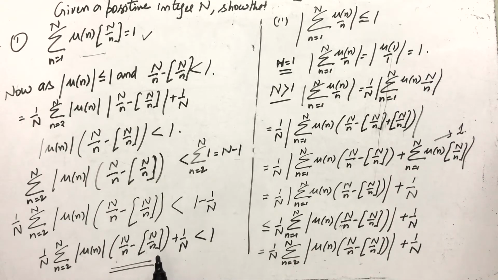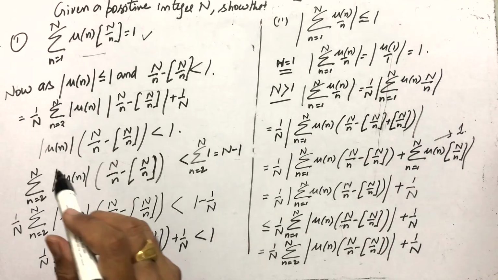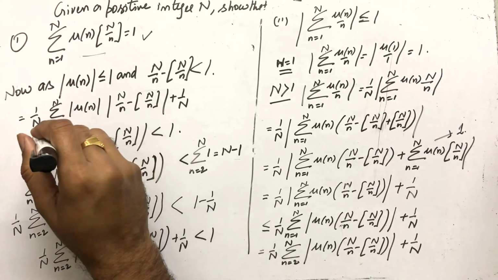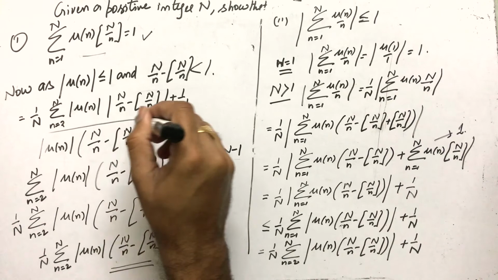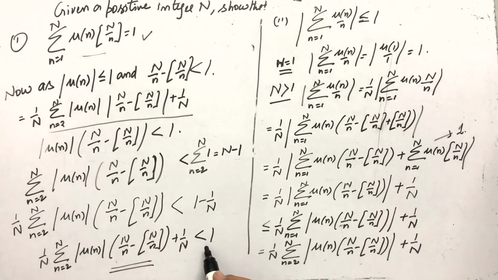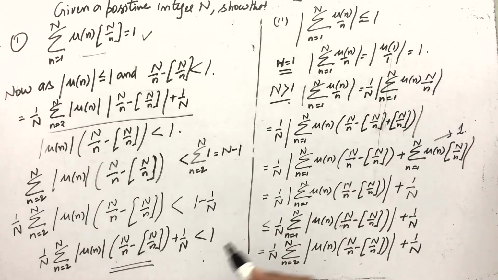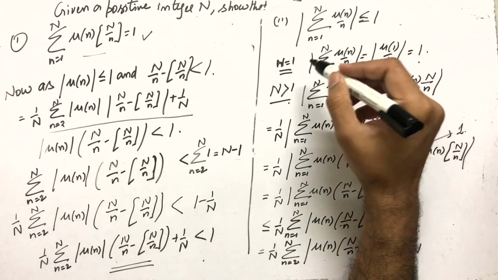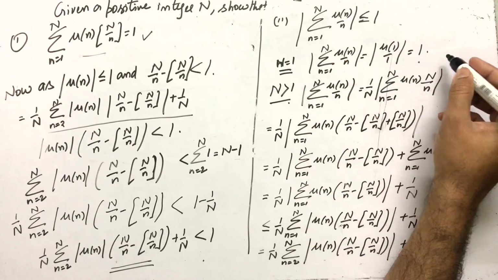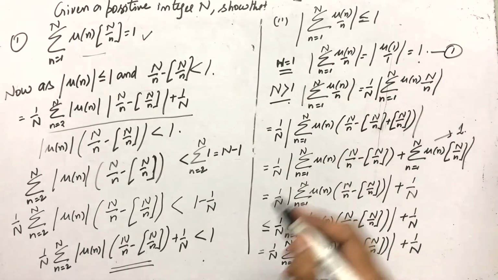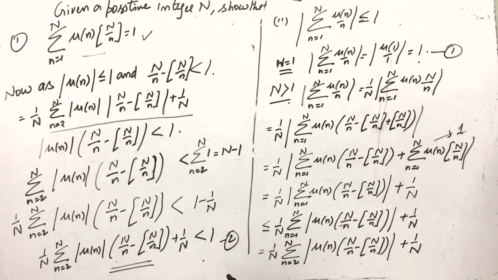So as you see, we will have this term, whole of this term. And what we have proved, this is strictly less than 1 for n strictly greater than 1. And we already proved this is equal to 1 for n is equal to 1. So combining, let this be 1, this be 2.